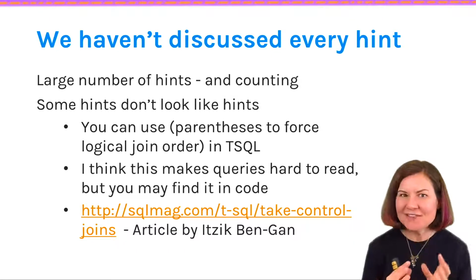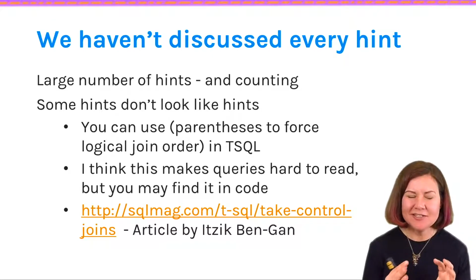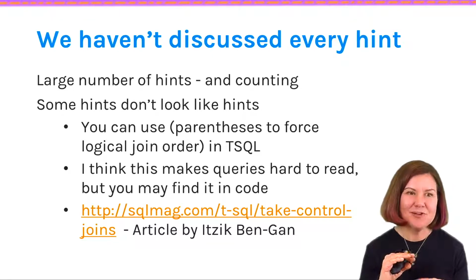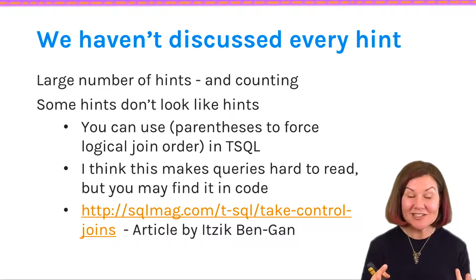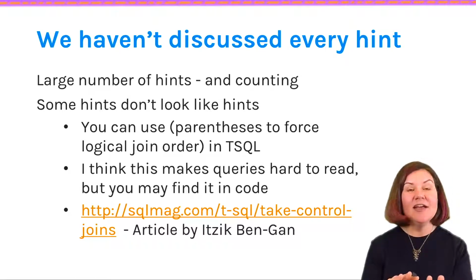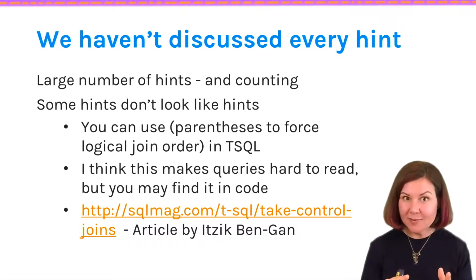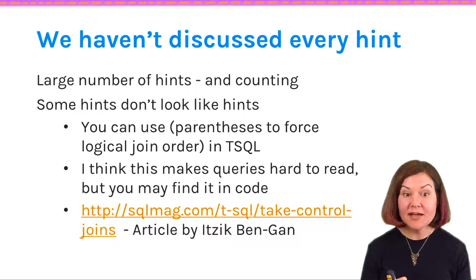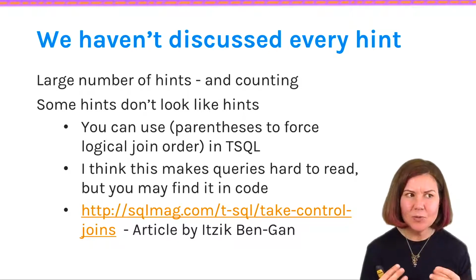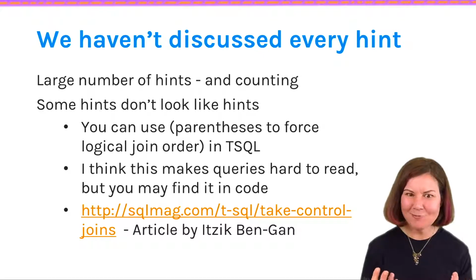There are even weird things you can do in your T-SQL that don't really look like hints, like using parentheses to force logical join order. And I actually don't recommend using that. I mention it only because I found it with some weird execution plans and was like, what is going on here?